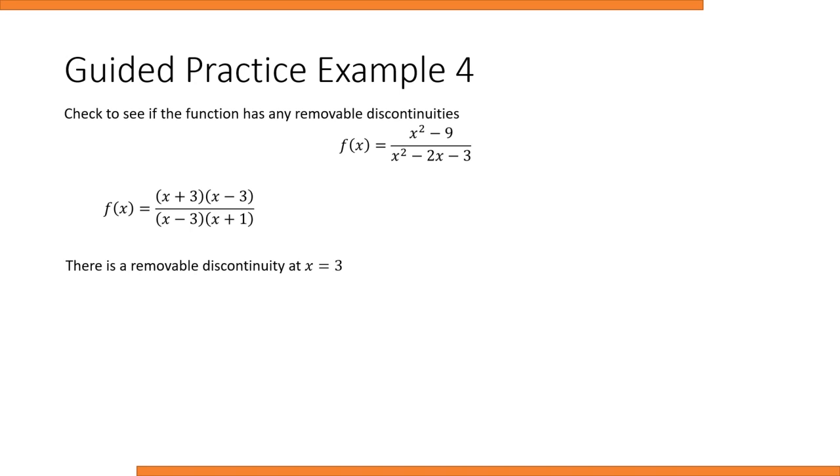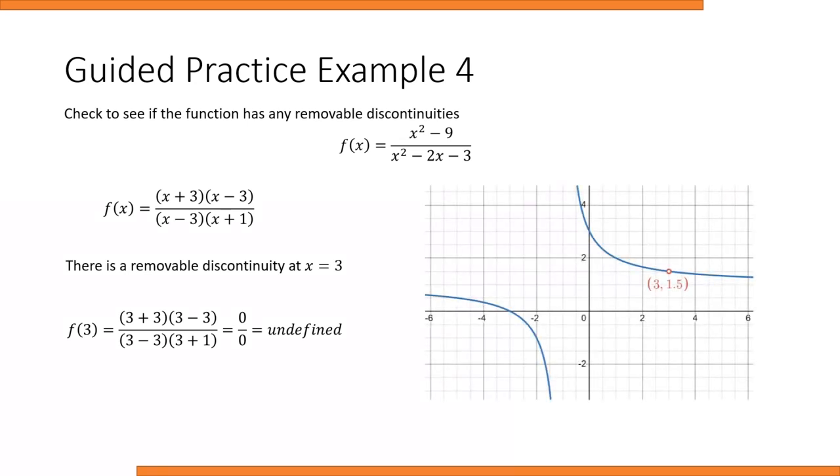Okay, and I can see that if I just test it out, if I plug 3 into the function everywhere, I get 0 over 0, which is undefined. So when I sketch the graph of this, this is what a removable discontinuity looks like. At x equals 3, I get a little hole, which turns out to be at (3, 1.5), which I let the technology find for me on this one.